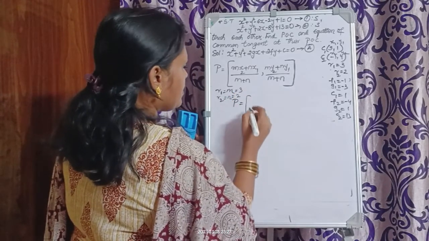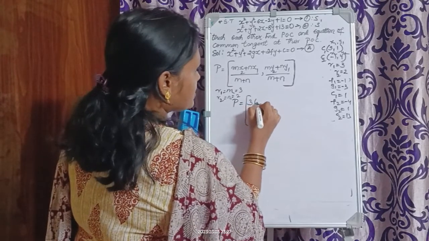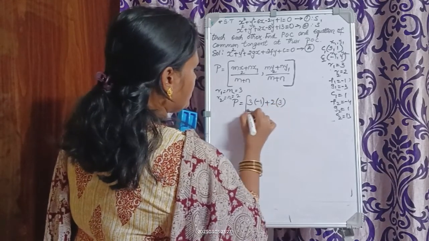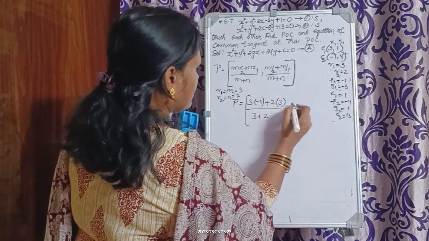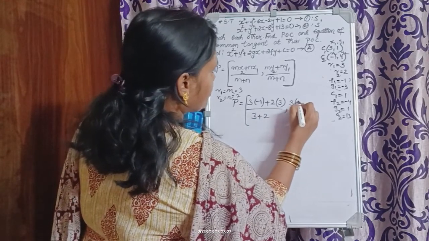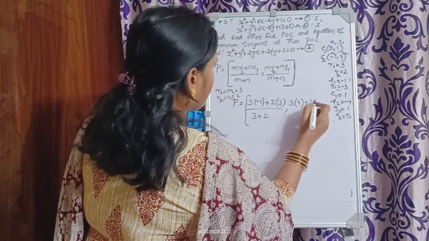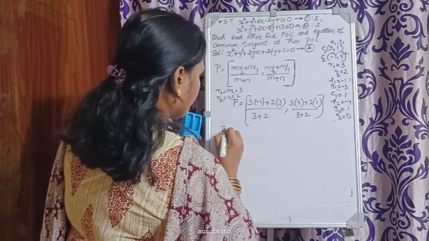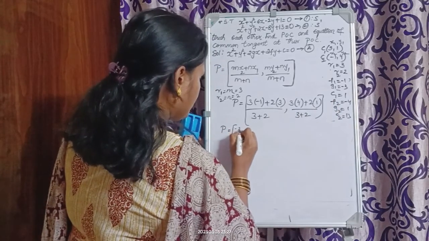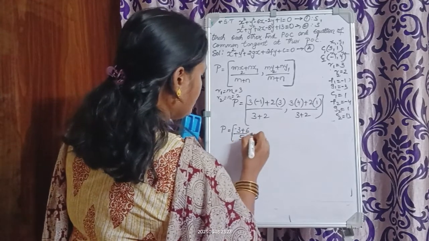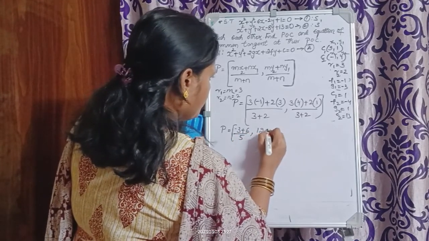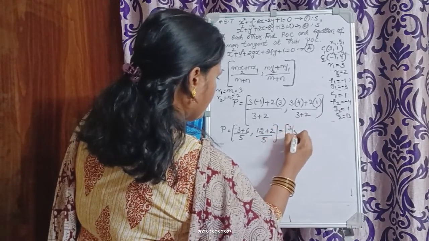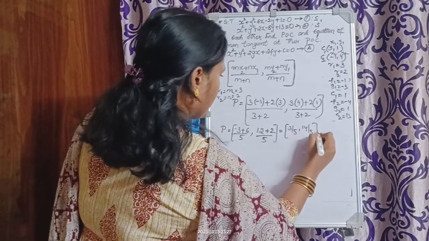So it is m is 3 into x2 is minus 1 plus n is 2 into x1 is 3, divided by m plus n, comma m into y2 is 4 plus n into y1 is minus 1, divided by 3 plus 2. So the point of contact is minus 3 plus 6 by 5, comma 12 minus 2 by 5, which is equal to 3 by 5 comma 14 by 5, is the point of contact, right?